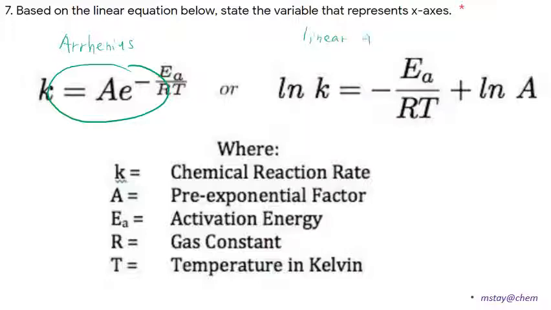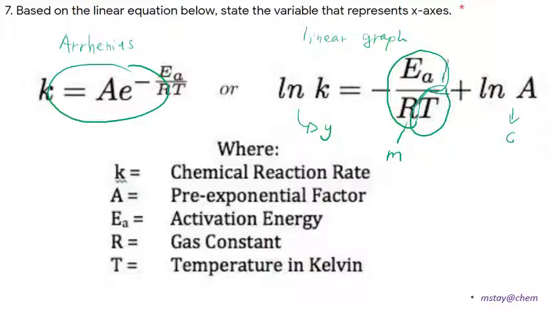When this is the linear graph, we roughly get this idea: ln k is equal to y, and ln A will be the c. And then we know that this is the negative slope, and EA over R is the gradient. So 1 over T is the x-axis. So which one represents the x-axis? It is 1 over T.